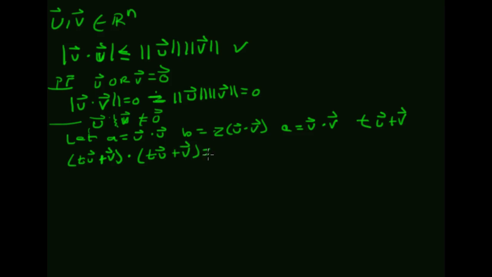In the end, we know that this has to be greater than or equal to 0, because this is the same as the magnitude squared, and the magnitude always has to be non-negative.